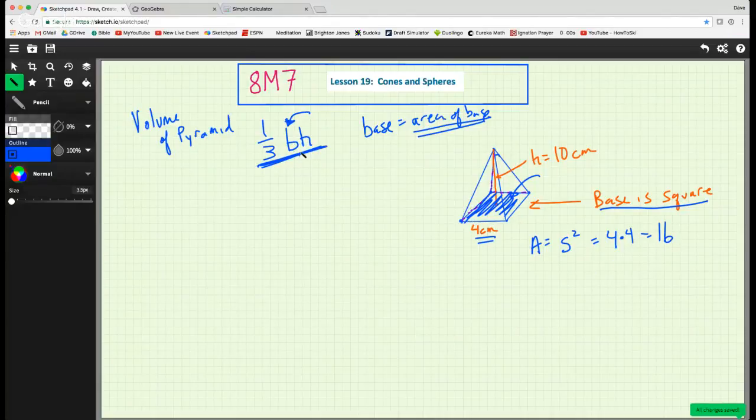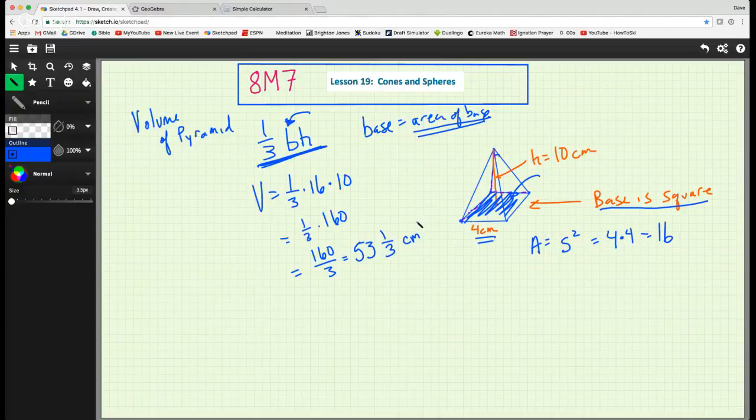So now we can just say the volume of our pyramid is 1/3 of 16 times 10, which equals 1/3 times 160, which is equal to 160 over 3, which if you divide that out, you get 53 1/3 cubic centimeters. And remember, whenever we deal with volume, our units are always cubic.